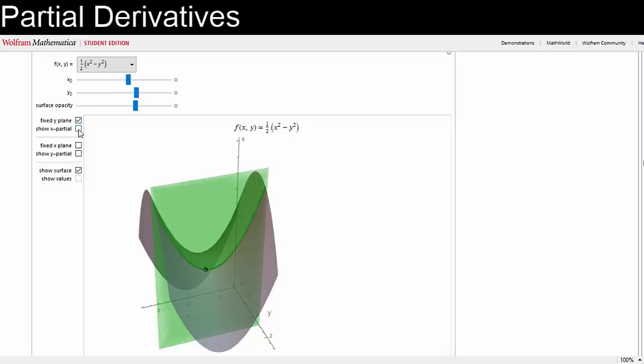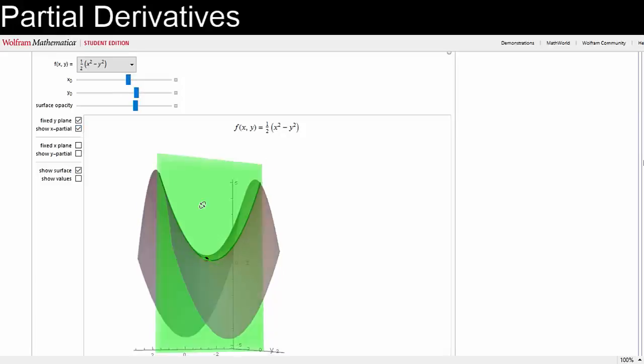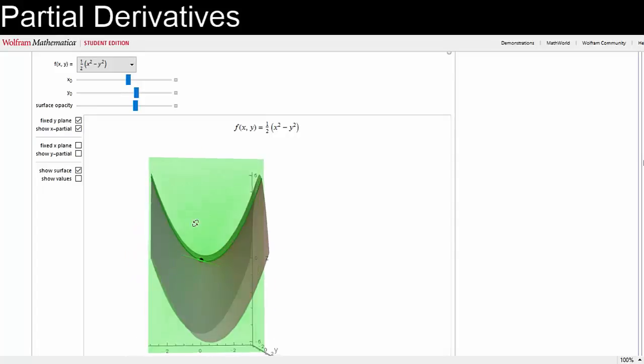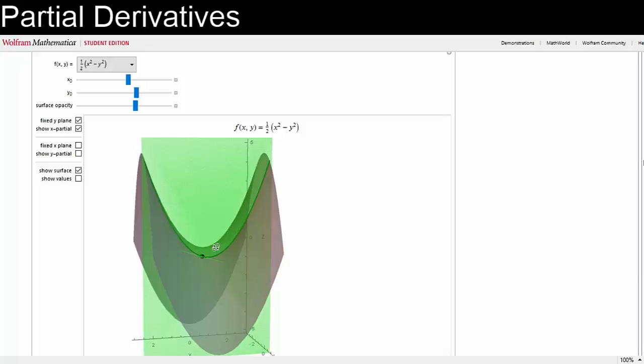So you can see right here, there's this green line, and that's the tangent to that parabola. So the derivative is the slope of that line. You can see it getting longer there as we go up because the derivative is getting bigger. Very tiny down here, bigger over here again.